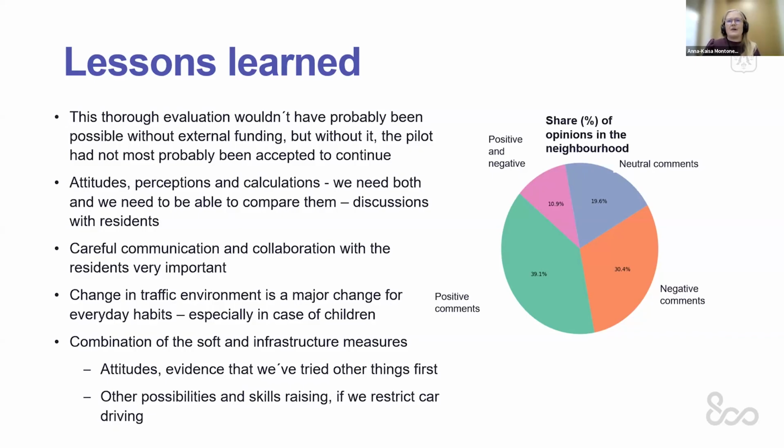And then also, on the other hand, it is very important that we offer some choice for different possibilities if we restrict one mode of transportation. In this case, it was the mobility hub. But we, of course, also needed to raise the skills of children to actually walk or ride a bicycle in the traffic.